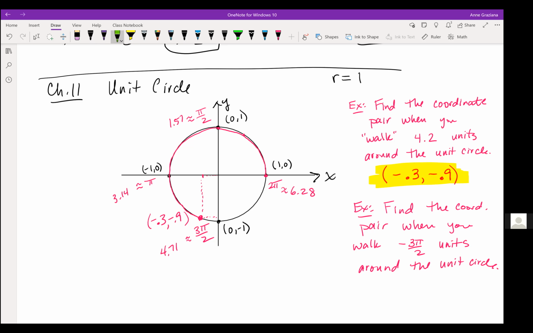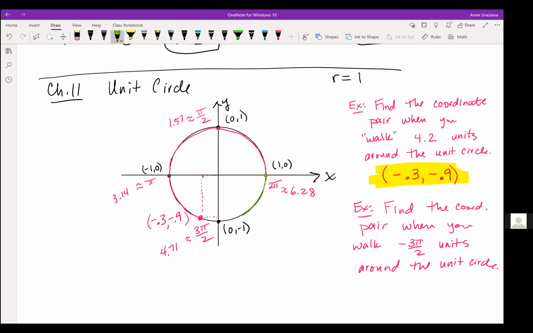If I go negative 3 pi over 2 units, I'm going to still start here, but what does the negative mean? Does anybody remember that from yesterday? It's clockwise, okay? Instead of going counterclockwise, we're going to go in the opposite direction. So I'm going to go this way.